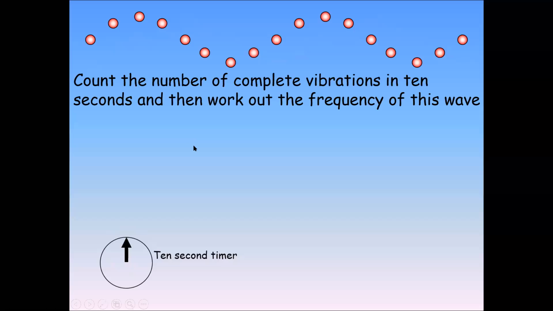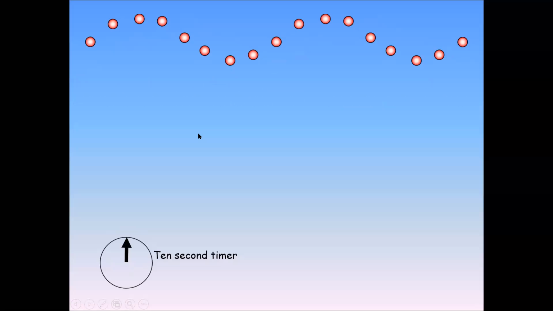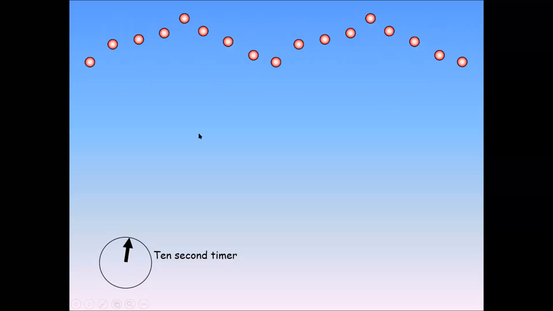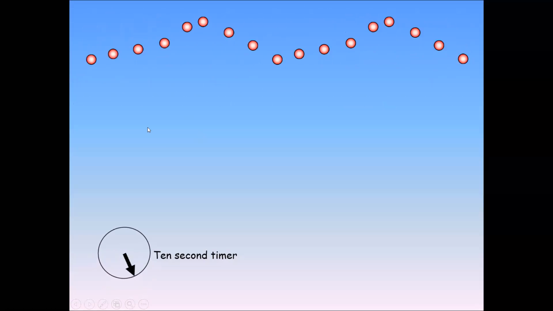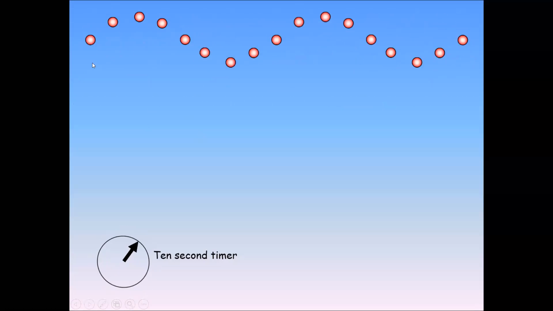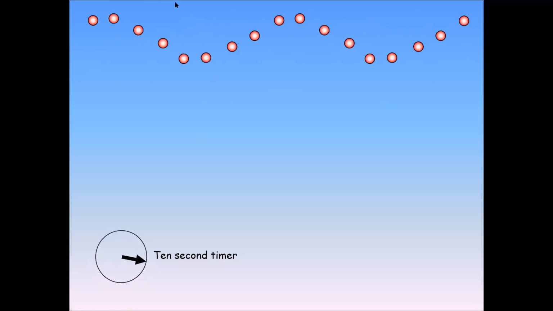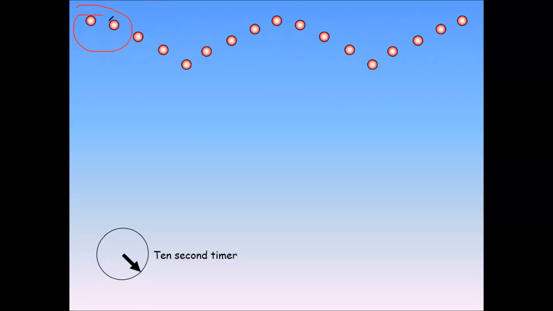Look, to identify this, when the timer starts, when it goes down and returns back, that is one. Don't see the whole wave, just focus on one part of the wave, like focus on this side. How many times it goes up and down, that is going down and returning back, that is one vibration. So don't see the whole wave, just focus on one particle.